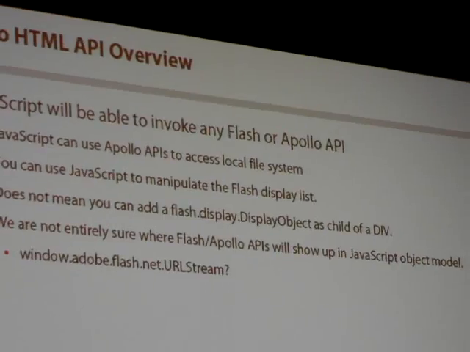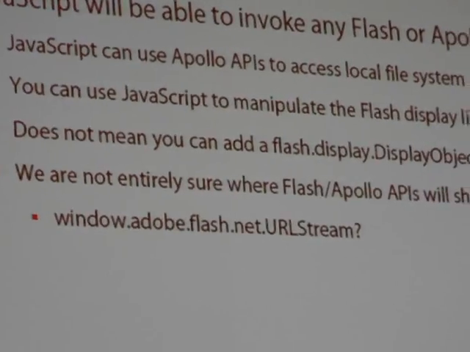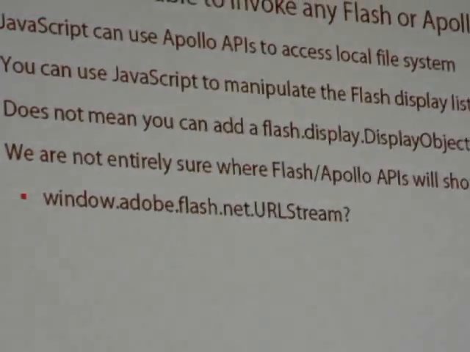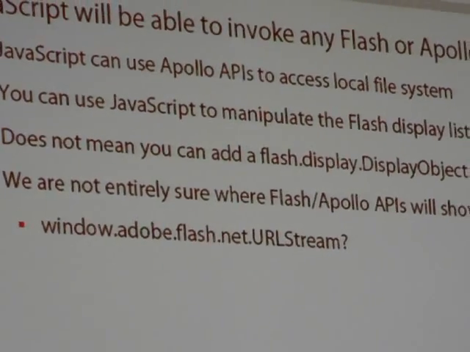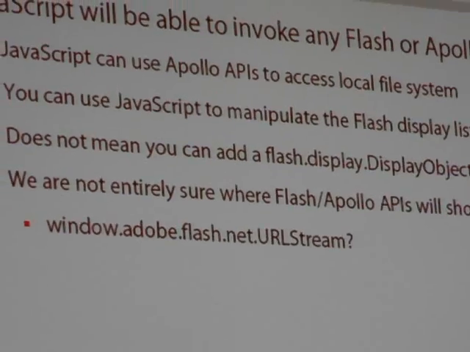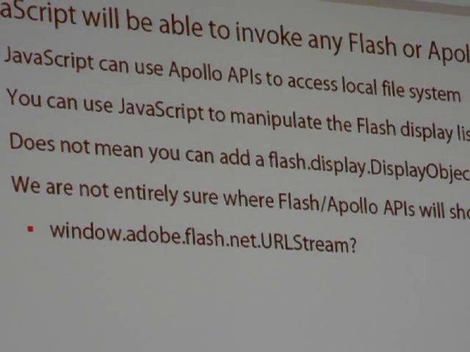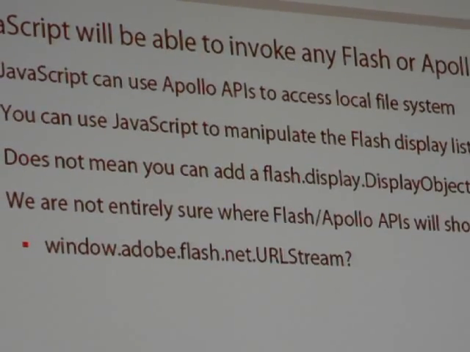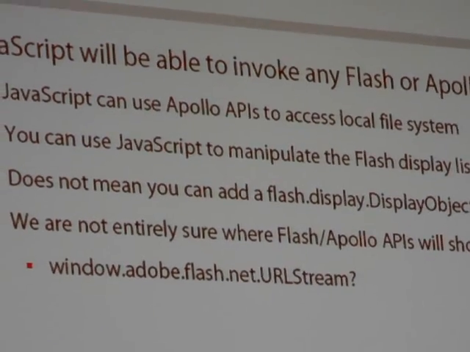And we're also not entirely sure where the Apollo APIs will be exposed in the JavaScript object model. One idea I had right now is maybe there's an Adobe object that's a property of the window object. And again, the window object is a global object. So if you're in JavaScript, instead of having to say window.adobe, you would just be able to say adobe.flash.net.URLStream. In fact, you could say new adobe.flash.net.URLStream to construct a new URL stream.